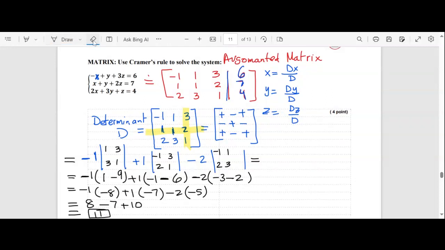So I'm finished with the normal determinant. This is the determinant, the normal one. Okay. Now I need to get dx. dx. That's correct.